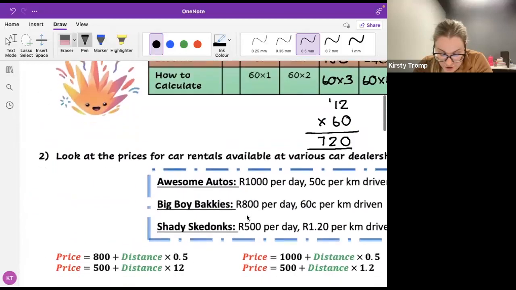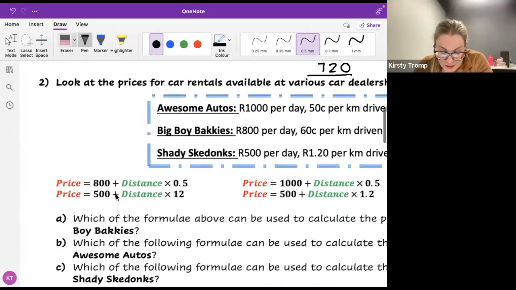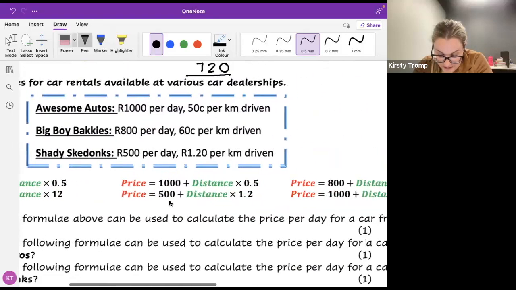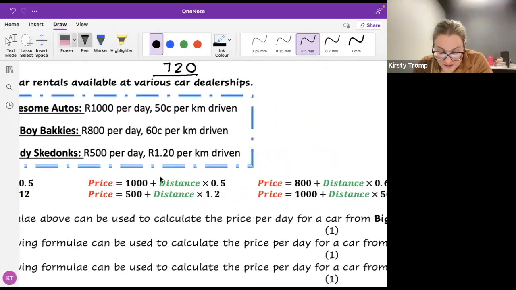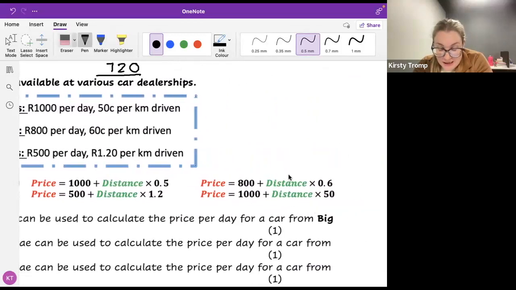The first formula says 800 plus distance times 0,5, then 500 plus distance times 12, 1,000 plus distance times 0,5, 500 plus distance times 1,2, 800 plus distance times 0,6, and 1,000 plus distance times 50.